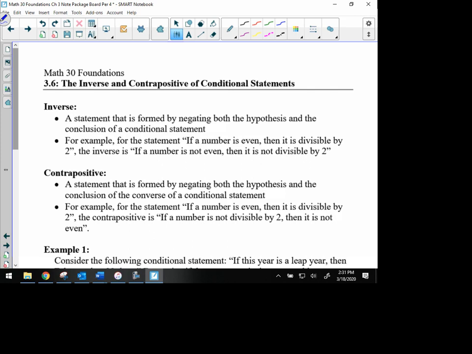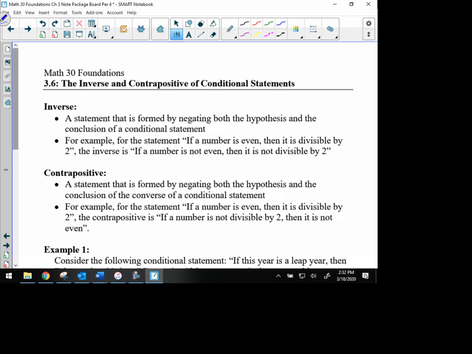There are some things to keep track of here, but again, when we're looking at how we reason and how we process things and how we set things up with logic, these different statements, the different ways that we can position this, that's what's involved in things like proofs and when we're looking at different theories and conjectures and all these things that are used in reasoning throughout math and science, this is very much a part of that. So the two things, again, inverse and contrapositive.